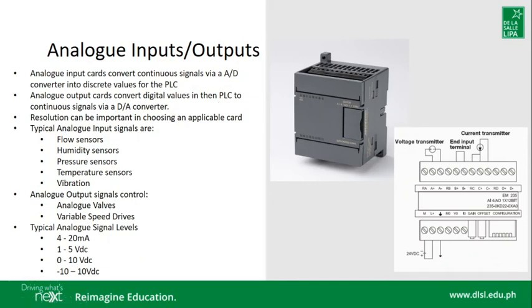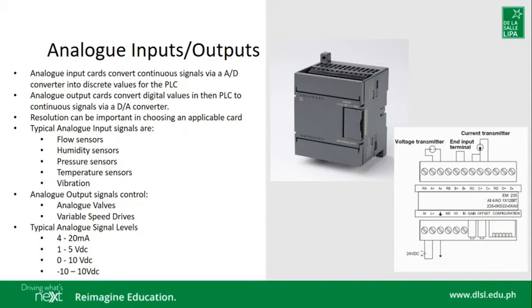Analog inputs or outputs use what we call analog to digital or digital to analog converters. This converts the signal voltages, whether from the sensors, and translates them into bits of data which the PLC could understand.